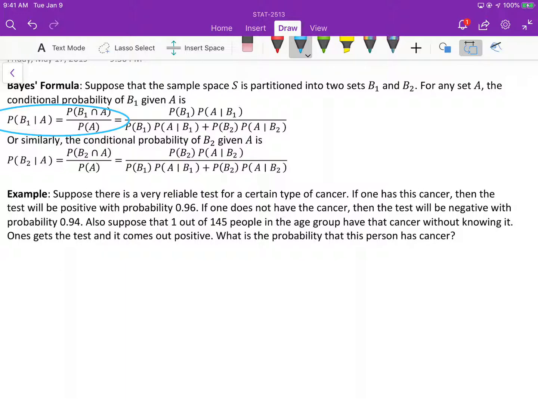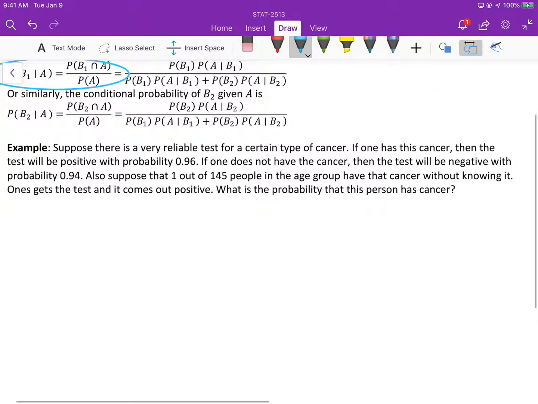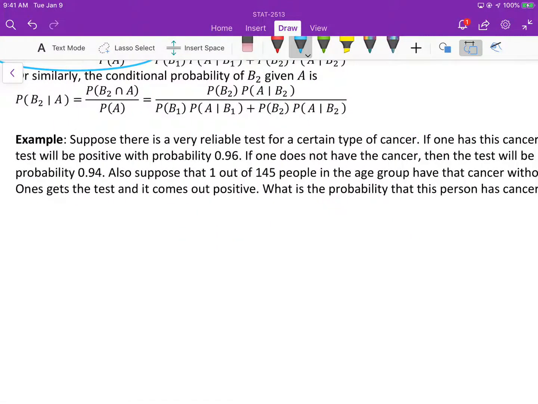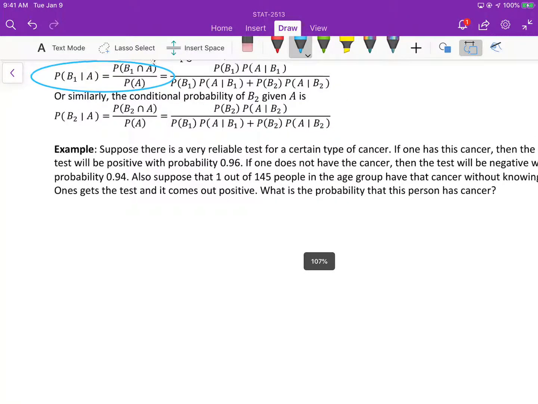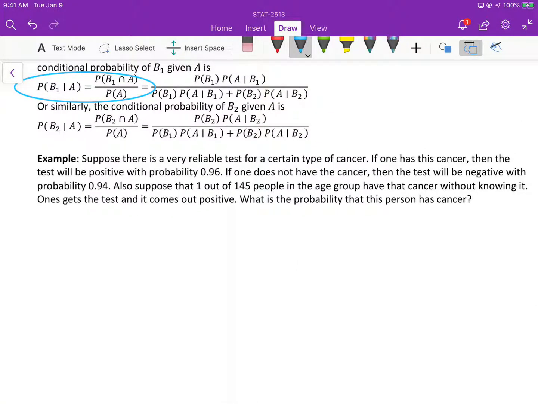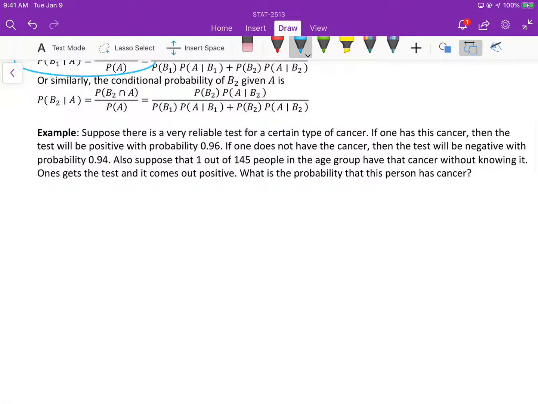If one has cancer, then the test will be positive with probability 0.96. If one does not have cancer, then the test will be negative with probability 0.94. Sorry. So basically, for a person, there are two possible scenarios, right? Has cancer or no cancer.